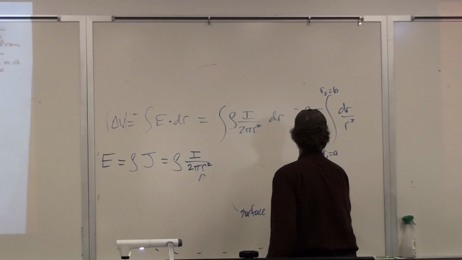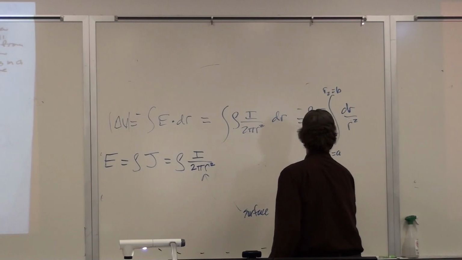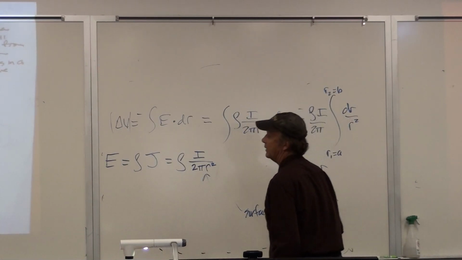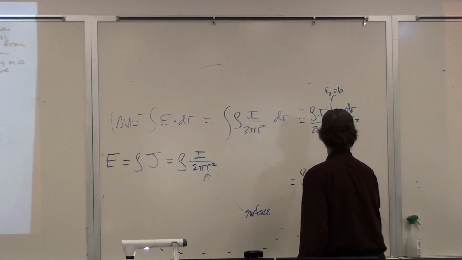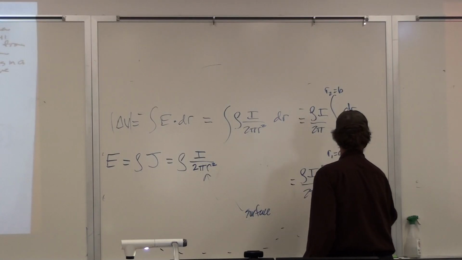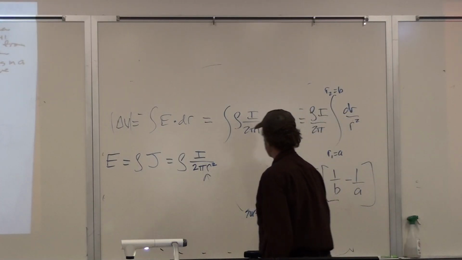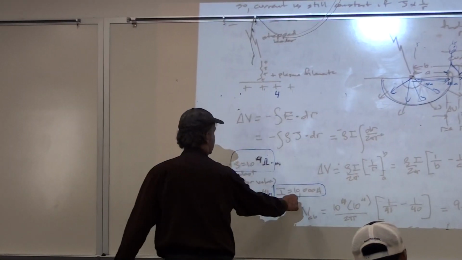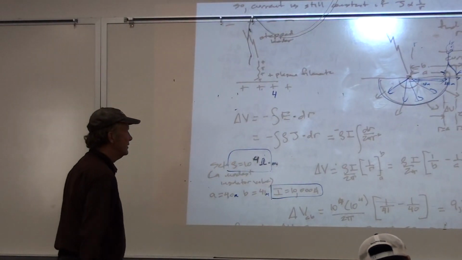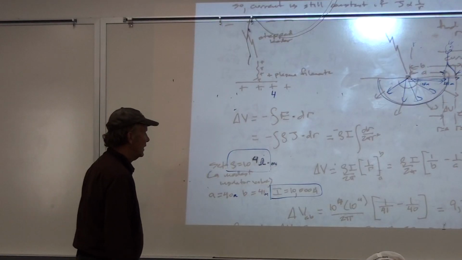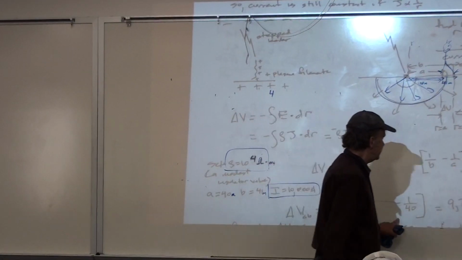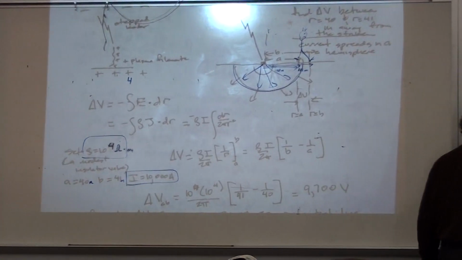And so we get rho I over 2 pi times 1 over b minus 1 over a. So if we plug in the values of the resistivity 10 to the 4, the current 10,000 over 2 pi, we get a difference in voltage of 9,700 volts.